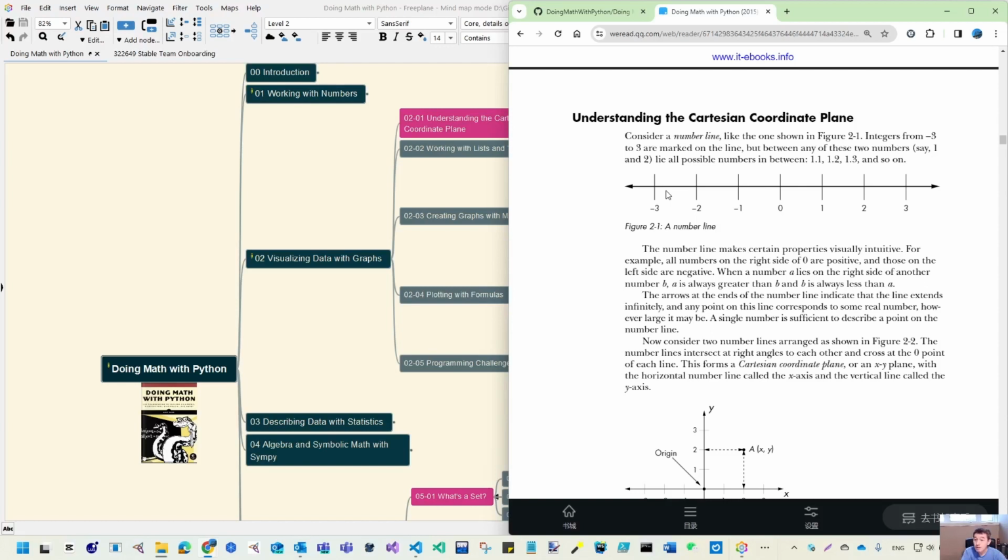Compared to that, if we put this single point at the origin position, like 0, and move it to the right infinitely long, then you will have what we call a number line.